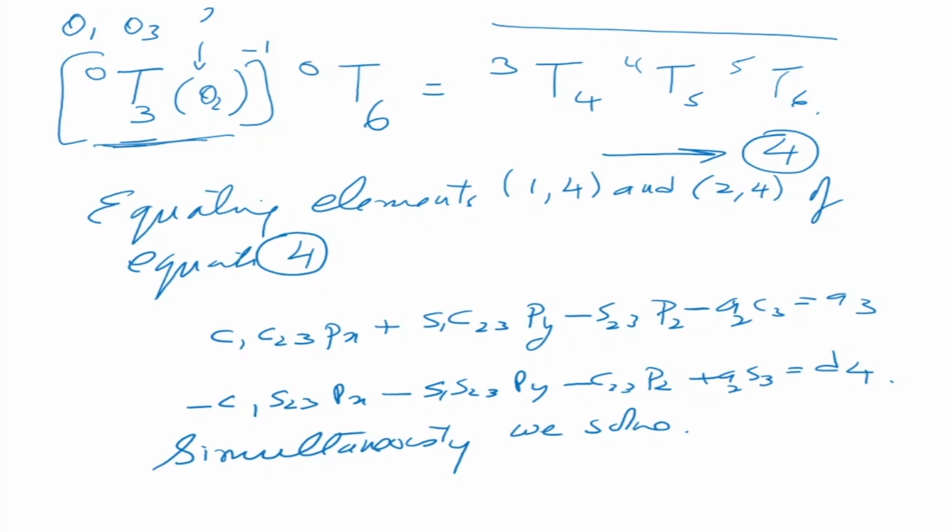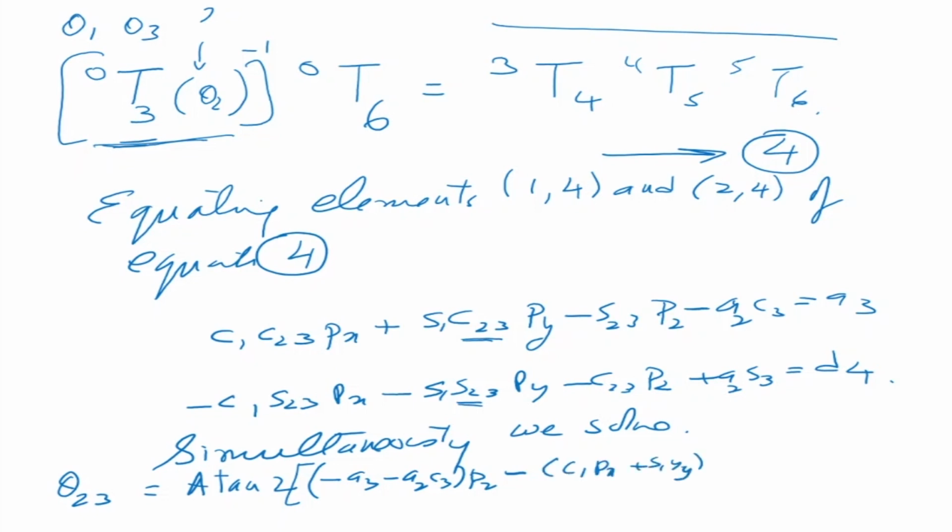So you see we are getting cos 2, 3 here. So here also it is sine 2, 3. So what we are getting is theta 2, 3 is equal to atan2, which is given as minus a3 minus a2 c3 pz minus c1 px plus s1 py, and this is d4 minus a2 s3.